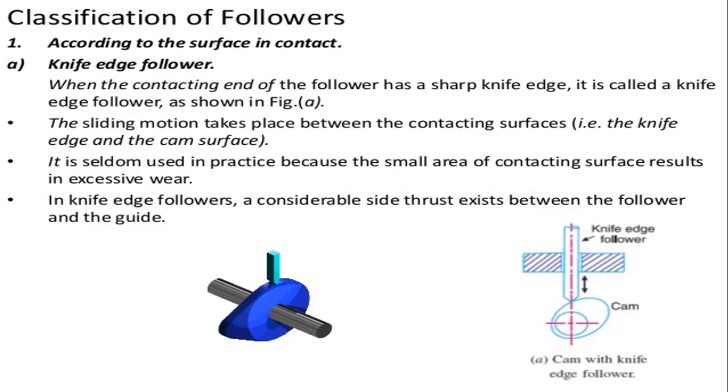This sliding motion takes place between the cam and the follower. Generally the cam moves and the follower follows it, so the cam is called the driver and the follower is the driven.